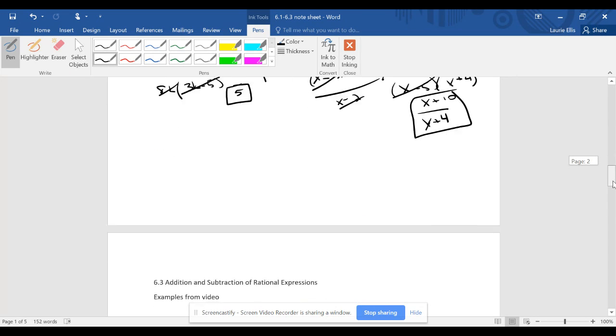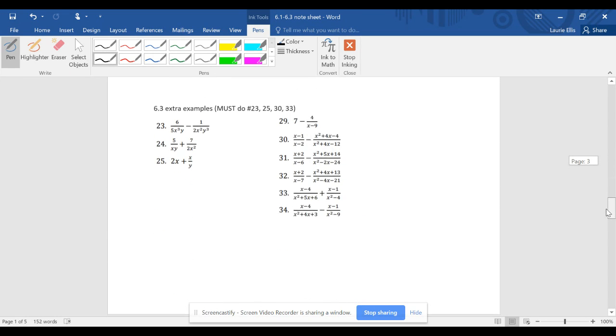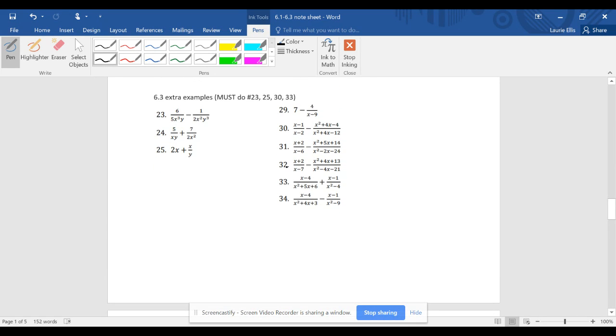Okay. Last one I'm going to do is just one problem from this last 6-3 section. Let's do 30. I'm just picking one. Okay, so finding the least common denominator. x minus 1 over x minus 2.